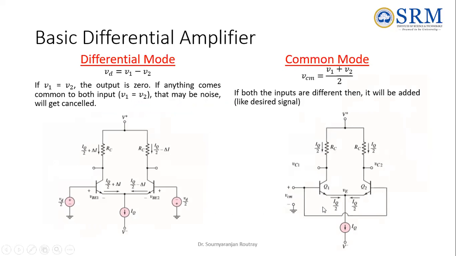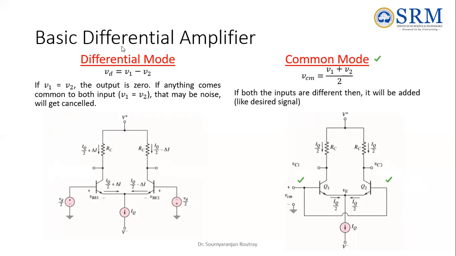Although noise affects terminal 1 and terminal 2 separately, noise is the same for both terminals, hence we can join them and say this is connected, this is common mode.